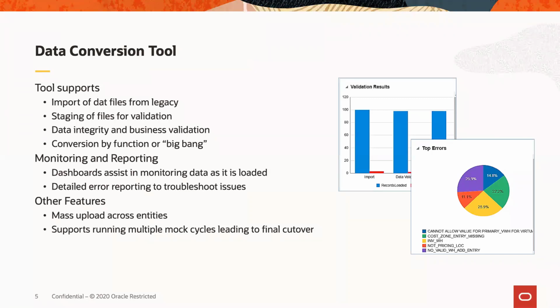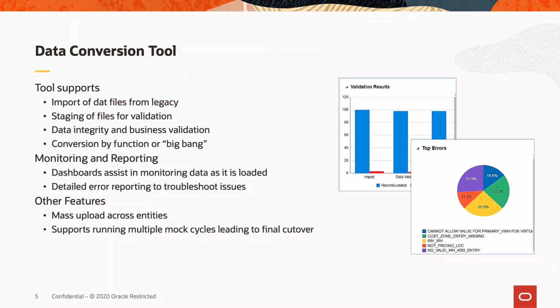It accounts for a lot of the validation and data integrity and business validation logic that we need to ensure that the data goes through before it gets loaded into the merchandising tables. The tool itself, we'll do a demo of here in a bit. It does have some reporting and monitoring capabilities as well. You can see an example of that here on this slide.